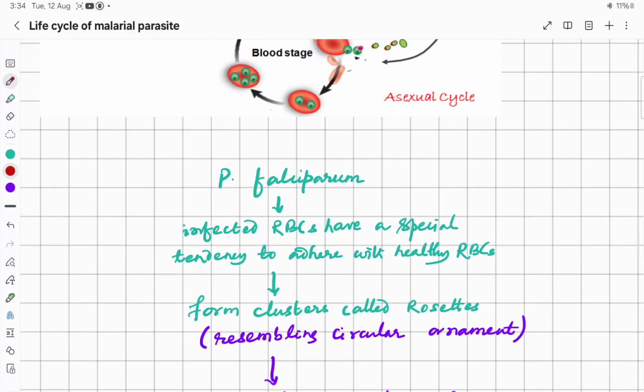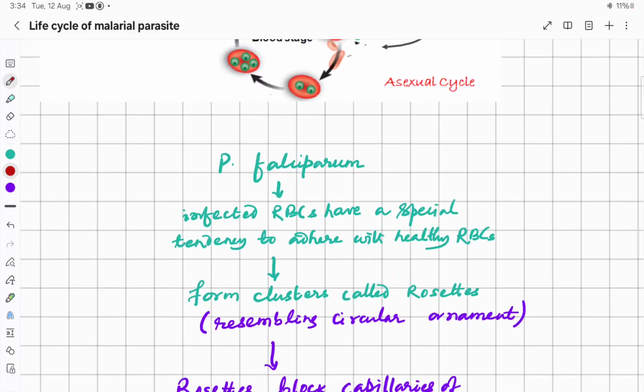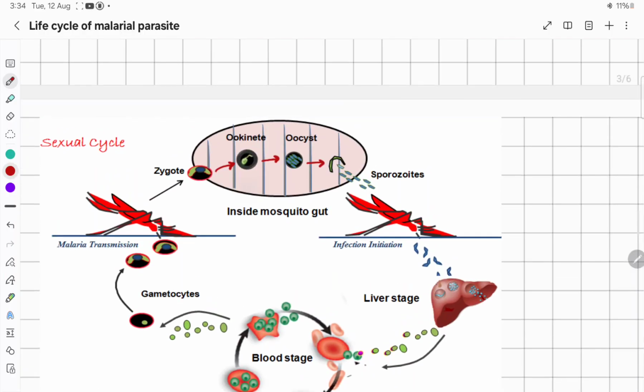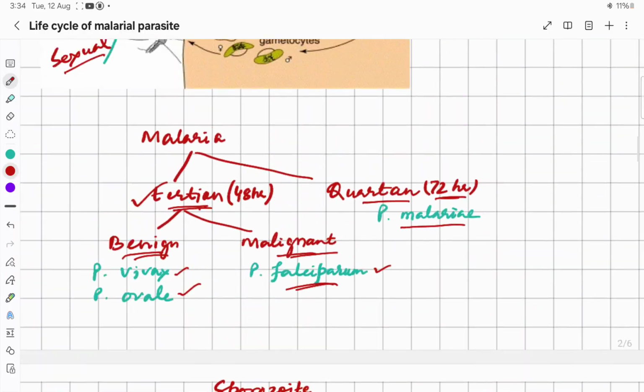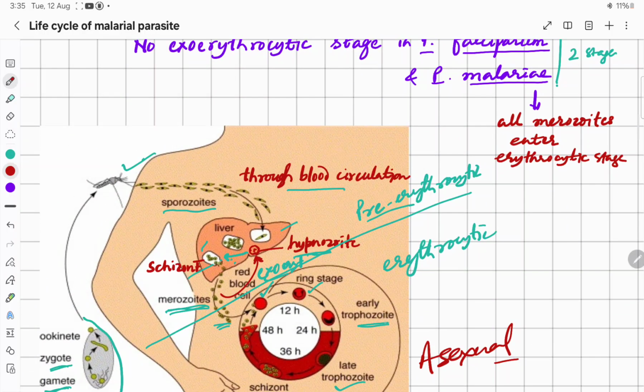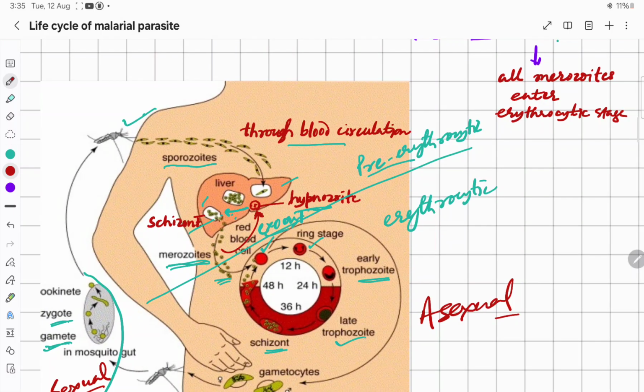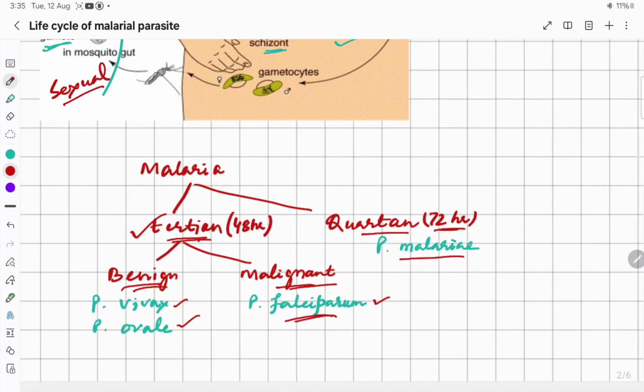Because the infected RBCs have a special tendency to adhere with healthy RBCs in case of Plasmodium falciparum, and they form clusters called rosettes. So in addition to those stages, there is also presence of a rosette stage if there is Plasmodium falciparum, because we have seen the stages like ring stage, early trophozoite stage, late trophozoite stage, schizont stage.